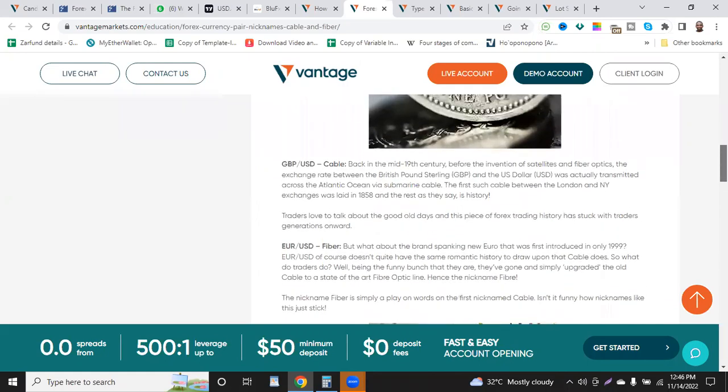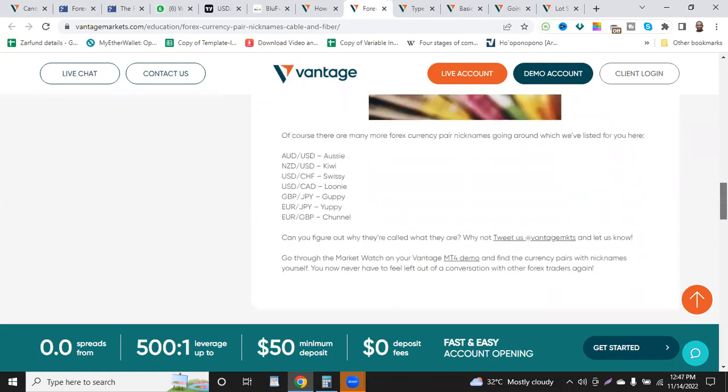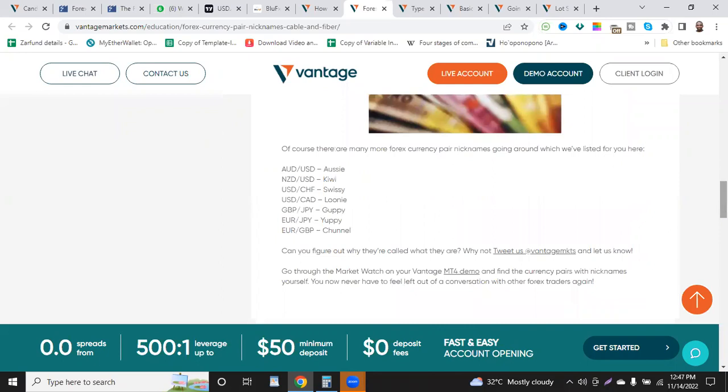So I'll just go straight. The AUD USD is usually called the Aussie. NZD USD is called the Kiwi. USD CHF is called the Swissie. USD CAD is called the Loonie.